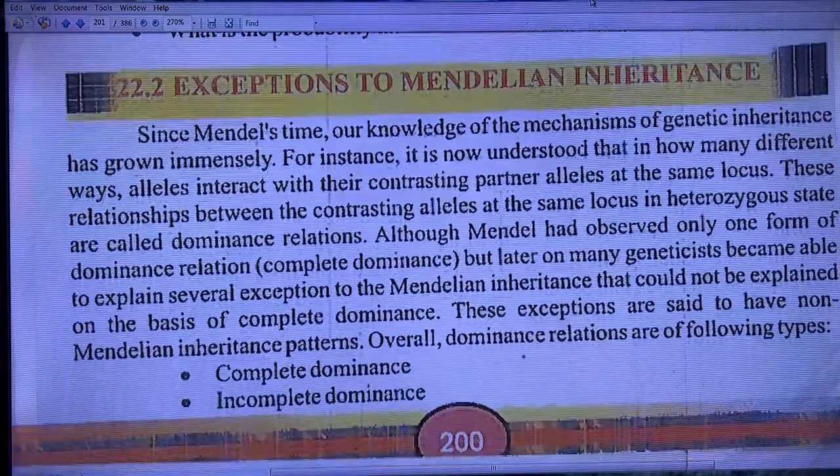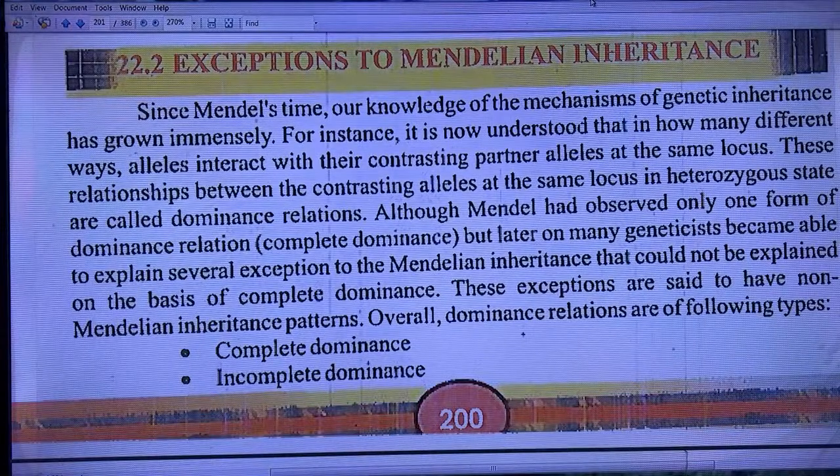Exceptions to Mendelian inheritance. Since Mendel's time, our knowledge of the mechanism of genetic inheritance has grown immensely. For instance, it is now understood that there are many different ways alleles interact with their contrasting partner alleles at the same locus.